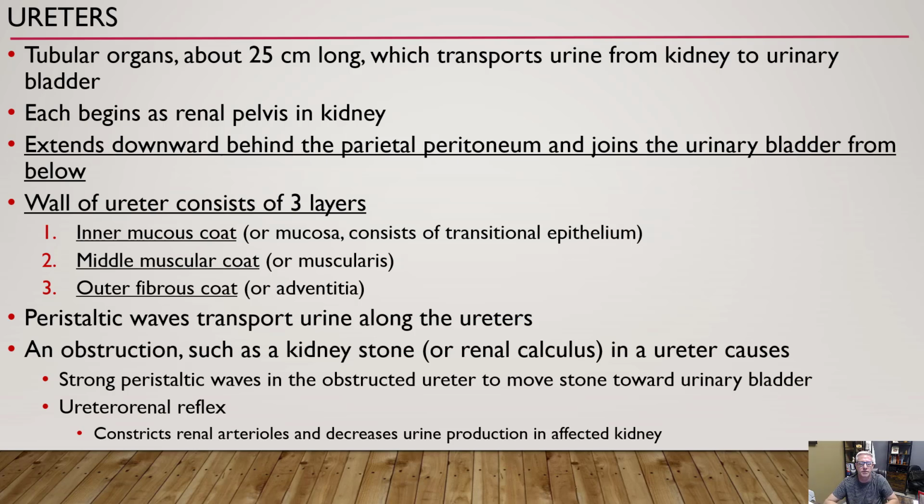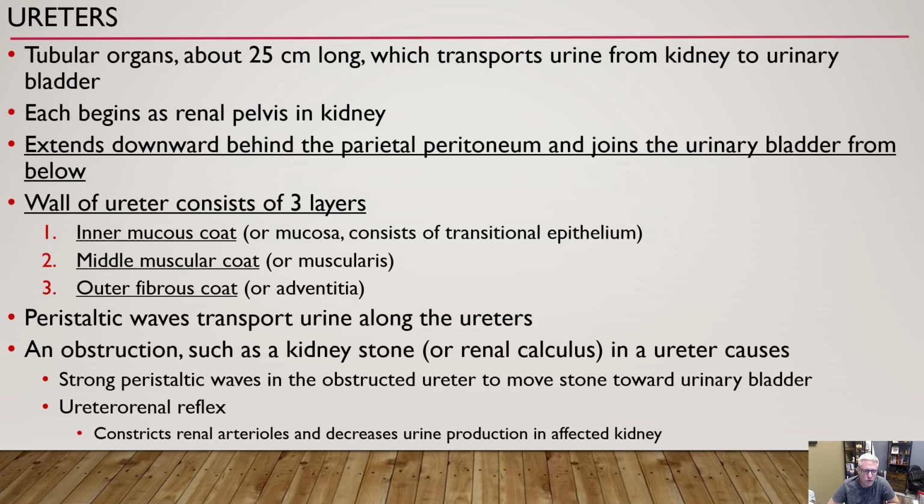That's how urine gets conveyed through the ureters, through peristaltic waves. We know a kidney stone can obstruct the ureter, but if we have strong enough peristaltic waves, those waves can move the stone towards the urinary bladder.